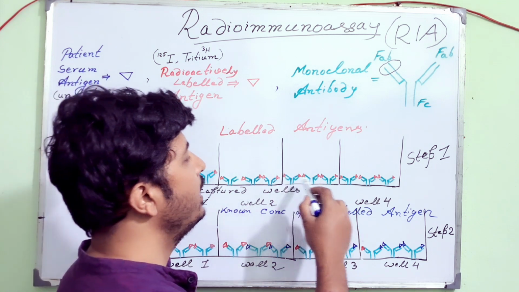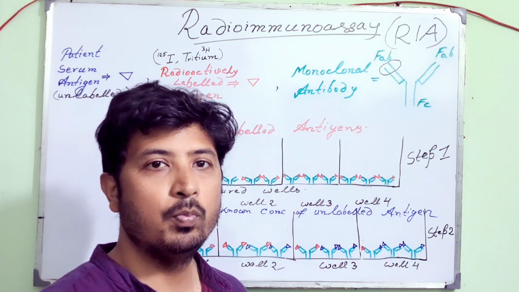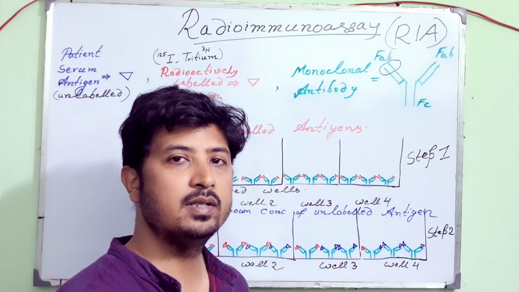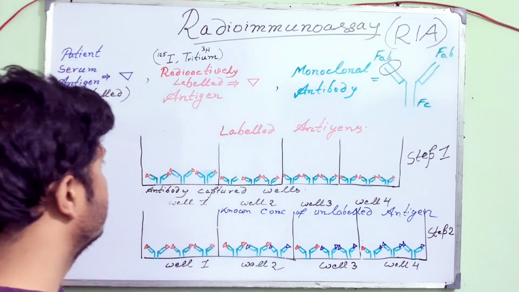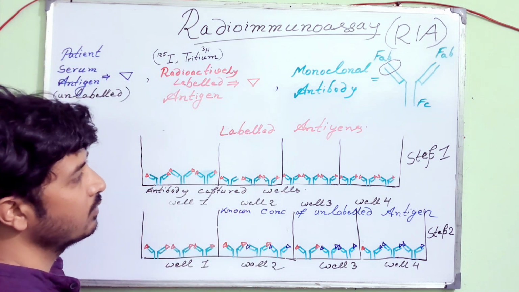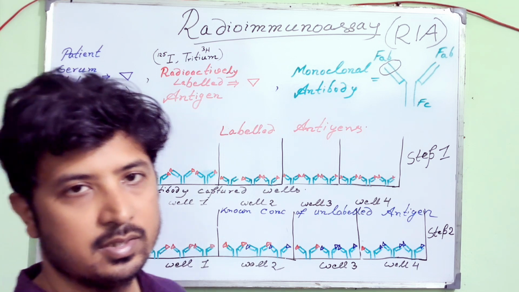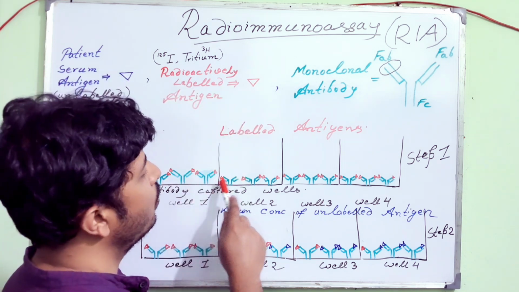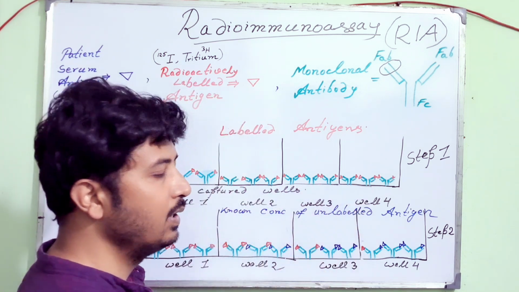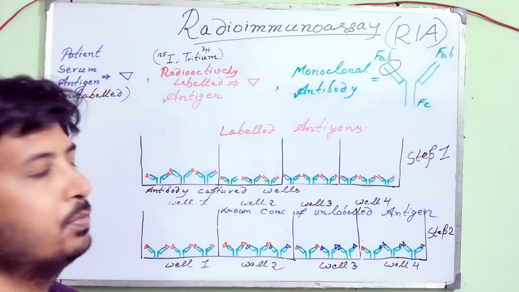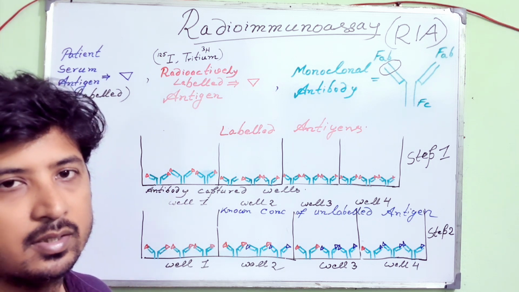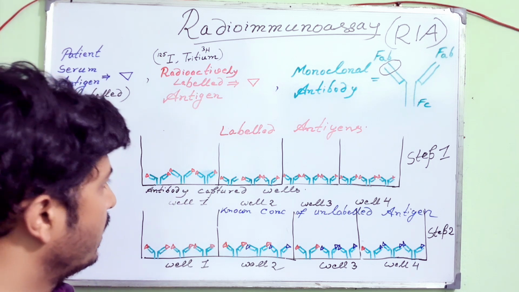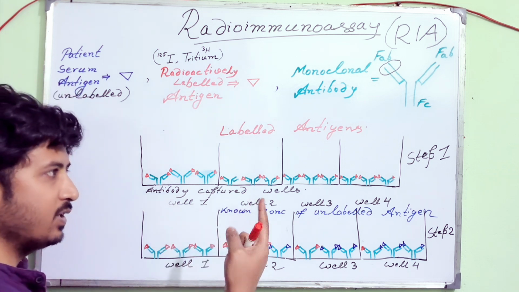All the antibody binding sites will be occupied by the radio labeled antigens, right? After incubation, after a few minutes, I will wash it off. So now I have all the radioactively labeled antigens where none of the unlabeled antigen is present. Now this is the first step.